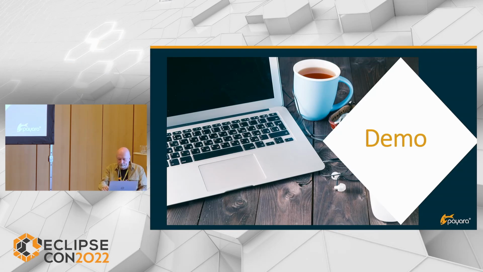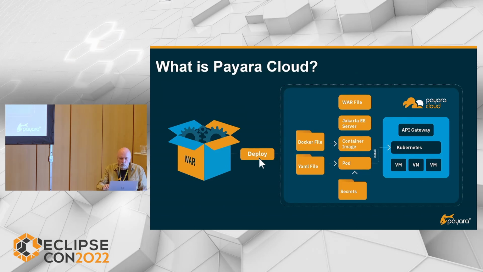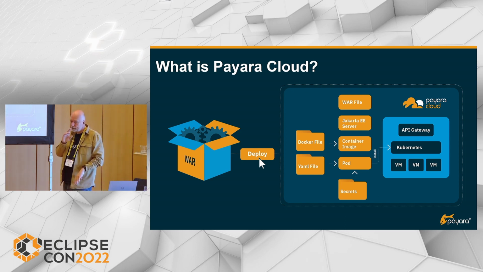So that was how quick it is if you take the concept of an application server and apply it onto public cloud. Under the covers, Payara Cloud is a Kubernetes native runtime. This is running on Azure AKS at the minute.